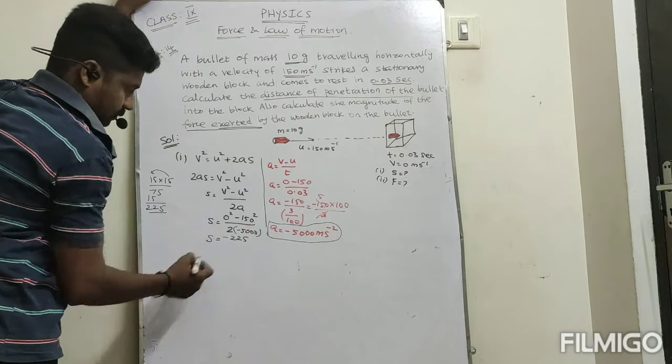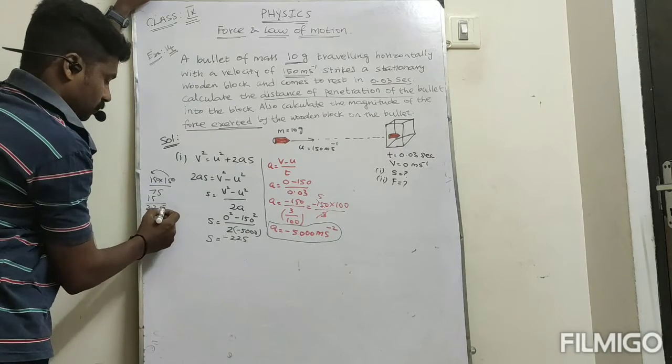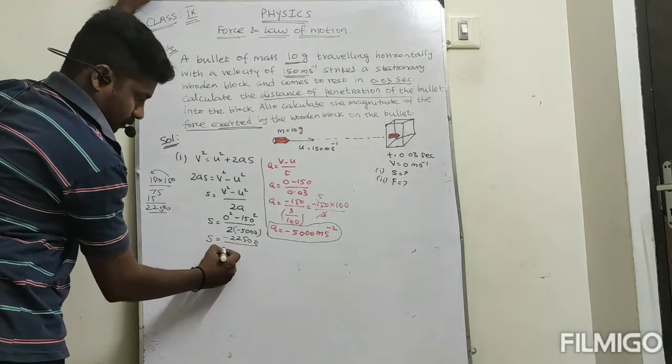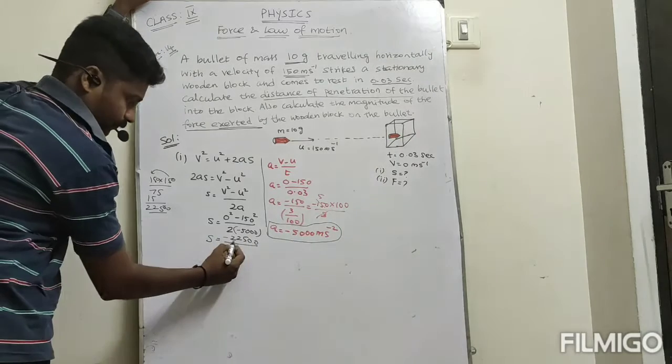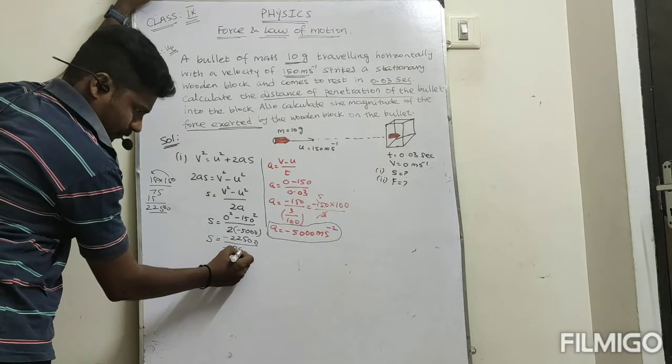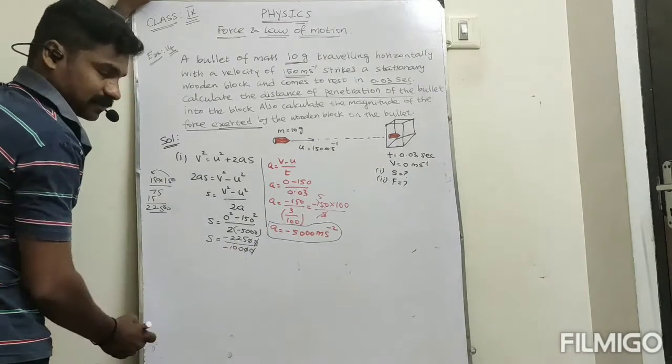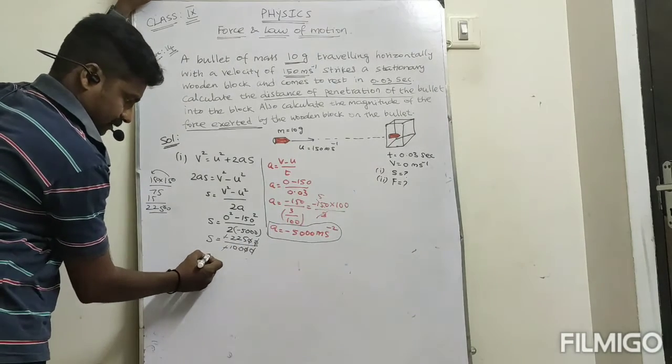So we can write minus 225. Then 150, 150, so 00 we add. Then minus 2 into 5000, that is 10,000. So 00 cancel, minus minus cancel.